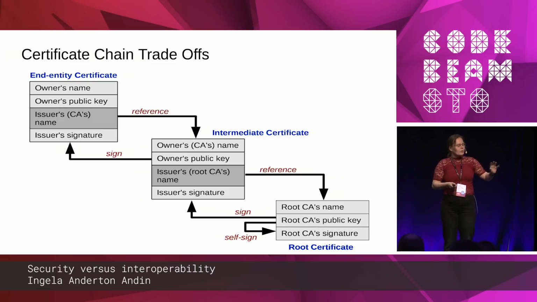And then we can have one or more intermediate certificates. And finally, we have the end entity certificate. That's the certificate of the client or the server. The certificates point to each other by their issuer name. And there's a problem also, because certificates are identified by the issuer name and the serial number, but the serial number is often not part of the pointer to the issuer in the certificate. And this complicates stuff.